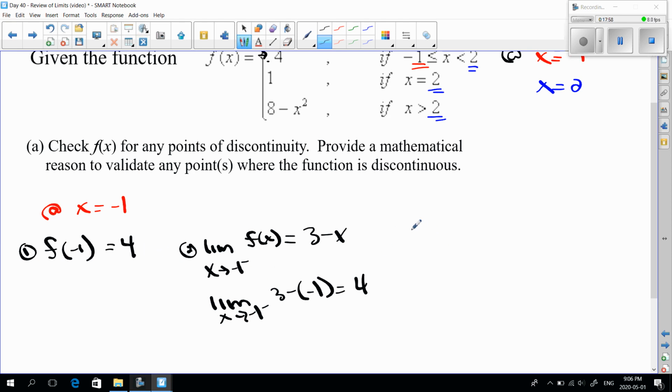Let's see if the right-hand limit, all right, so we'll call this 2a and 2b. Next, we need to find the right-hand limit as x approaches -1 from the right. That would be this portion of the curve.